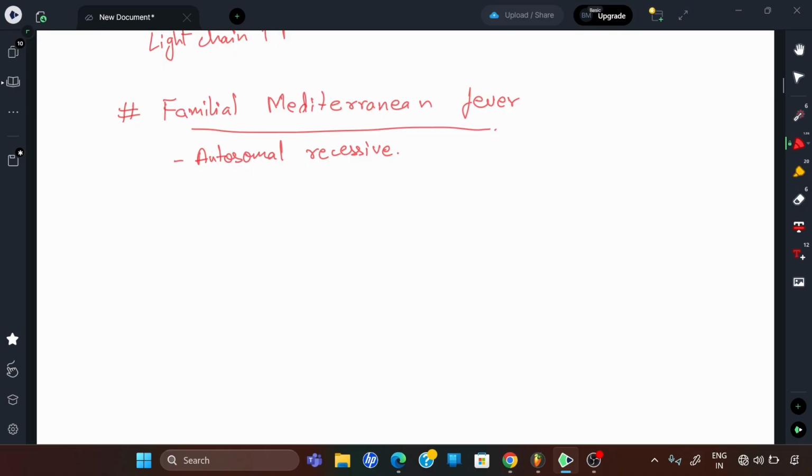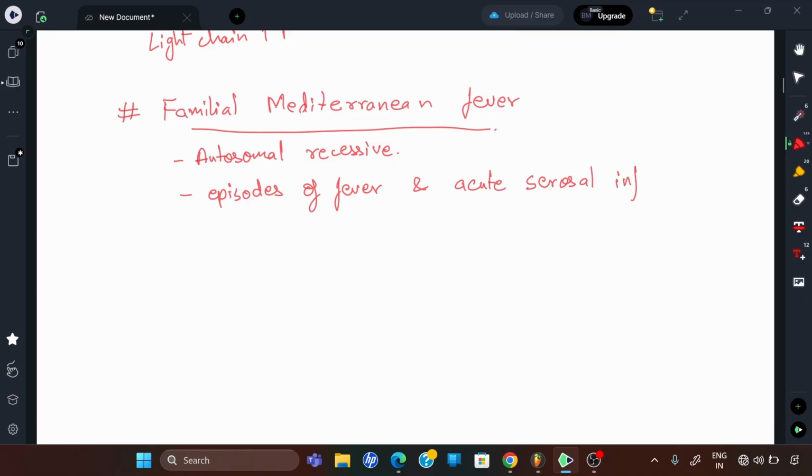Due to which you will see the patient will present with episodes of fever and acute serosal inflammation, right? So the patient will be presenting with episodes of fever, and another thing you will see is acute serosal inflammation.